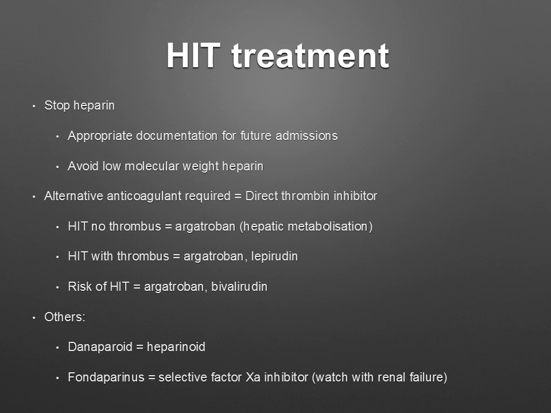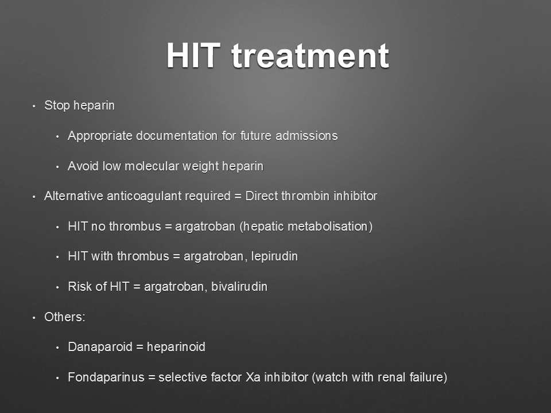So danaparoid was one of the first ones, a heparinoid that had minimal cross-reactivity, but it's not widely available, and so you can have other things like fondaparinux, which is a selective factor 10A inhibitor. But it does have a really long half-life, and you've got to watch it, especially if there's renal failure.